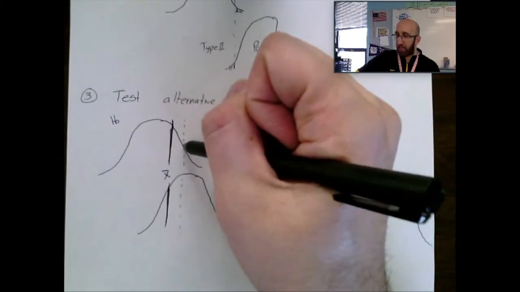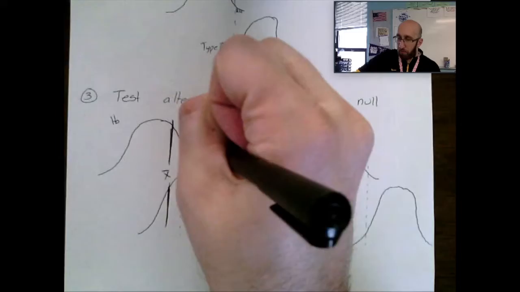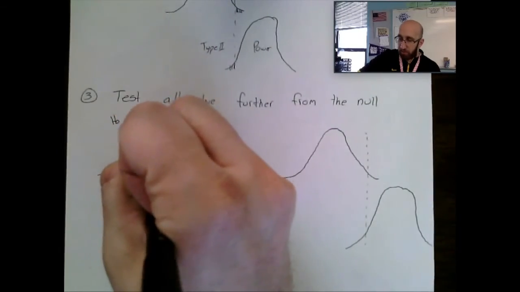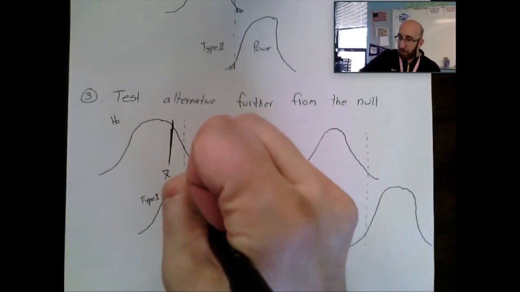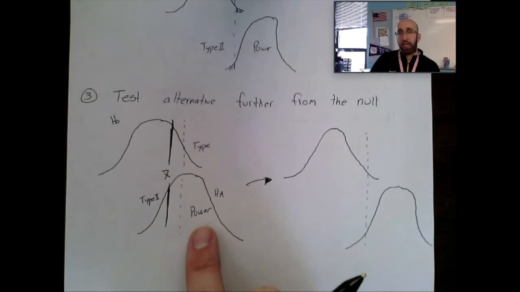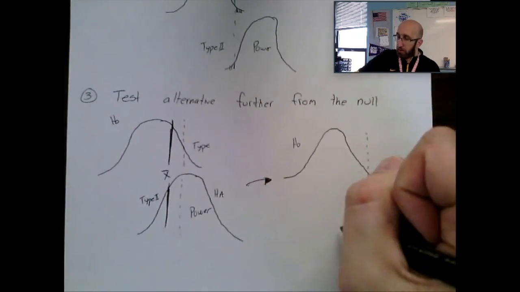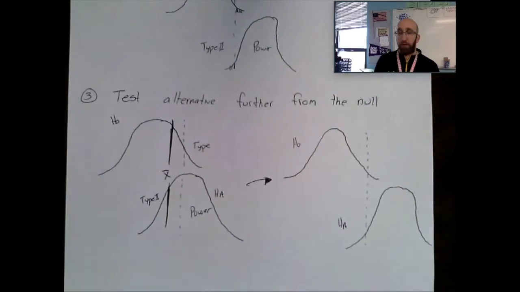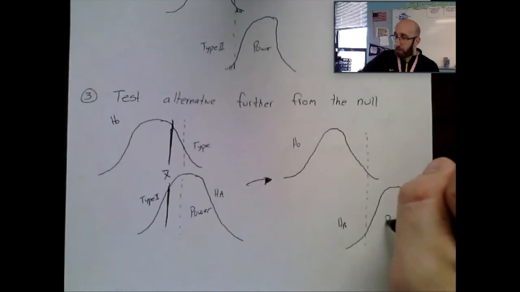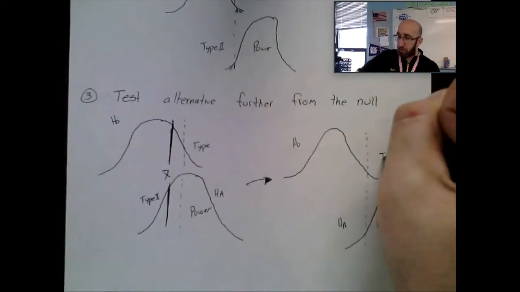Additionally, that dashed line, this would be your type 1, this would be your type 2, and this is power. So the space that is on the right side of this dashed line, the power, is much, much smaller than my earlier drawings. Instead, if you test an alternative much, much further from the null, your power is going to get much, much bigger.